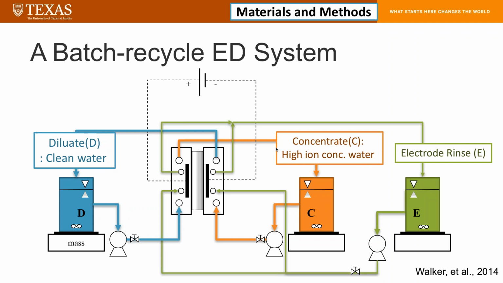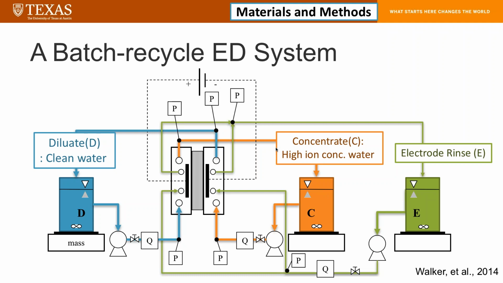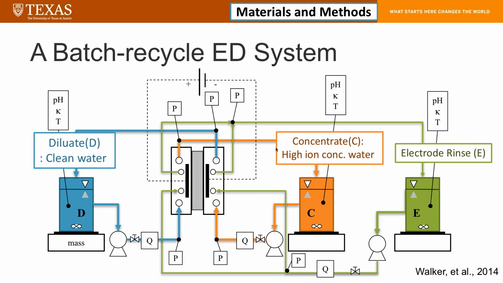At the beginning of the experiment, both the dilute and concentrate start from the same feed concentration, but at the end of the experiment, the dilute has a really low ion concentration, and the concentrate has a really high ion concentration. I control and measure the flow rate, measure the pressure at each stream, and also measure the pH, conductivity, and temperature at each stream, sampling the water every 10% conductivity removal.